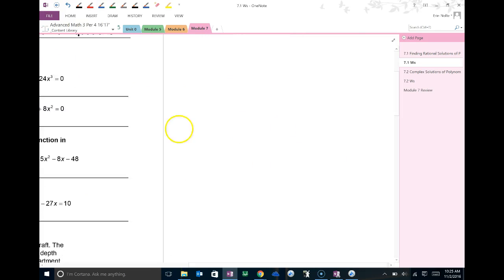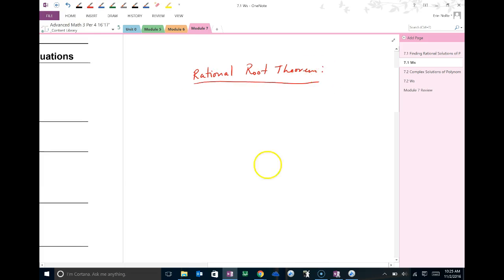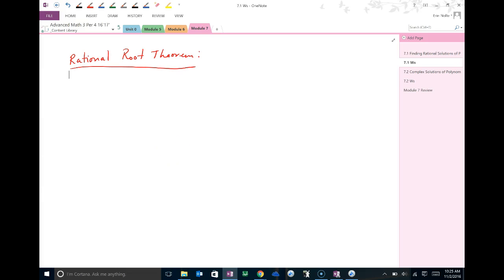Okay. So over here on the side I'm going to talk about a couple things, and hopefully you wrote this down, but if you didn't, write this down now. They talked about something called the rational root theorem. Here's the idea behind the rational root theorem.